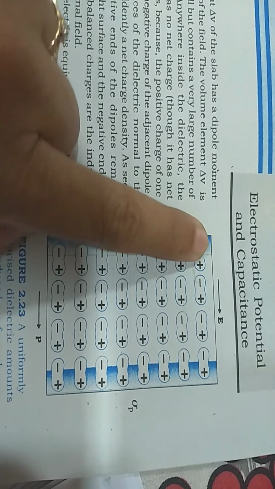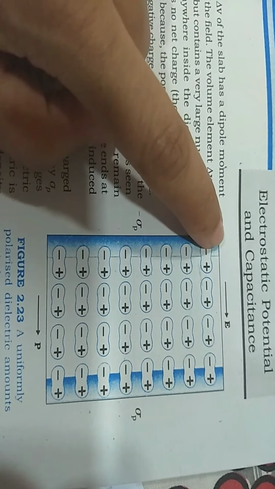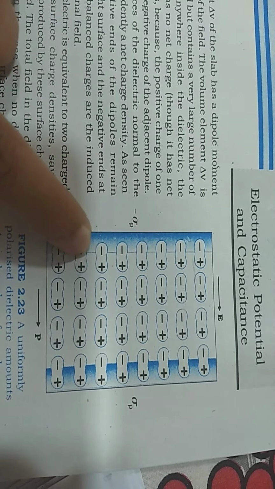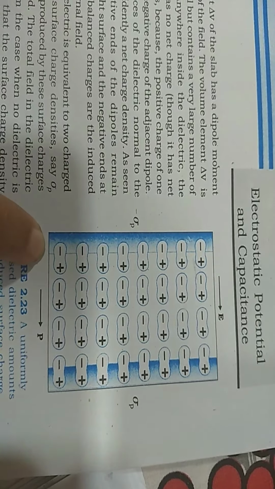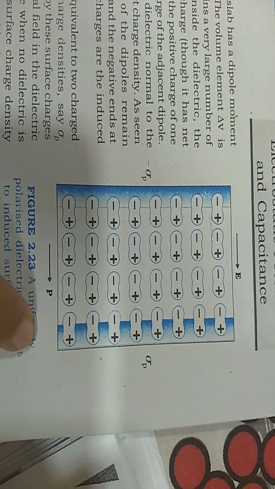So you can see that this plus charge will cancel this minus, this plus will cancel this minus, this plus will cancel this minus. But the charges on the surface, the blue shaded ones, are minus charges on the left side and plus charges on the right side.